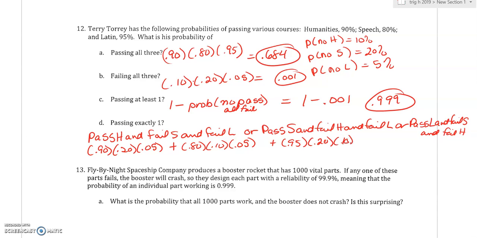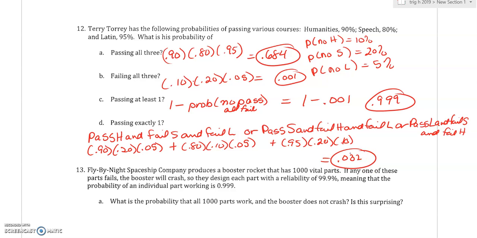All right, let's just double check that that's correct. Pass, fail, fail, pass, fail, fail, and pass, fail, fail. Yep, that works out. Okay, so you can multiply that all together and you should get 0.032.